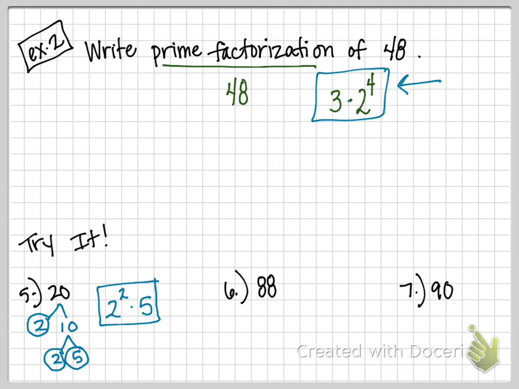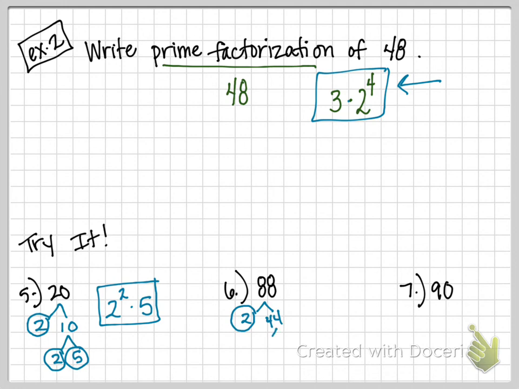All right, let's look at 88. I would start with 2. Do you have to start with 2? No. I would start with 2 and 44. 8 and 11 would be fine. You'll see we'll get to the same thing. 2 times 44 is 88. 44 is not prime.